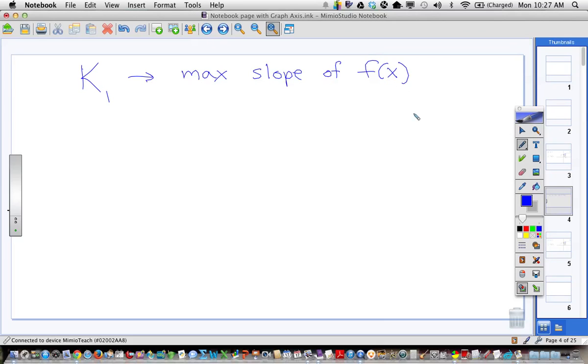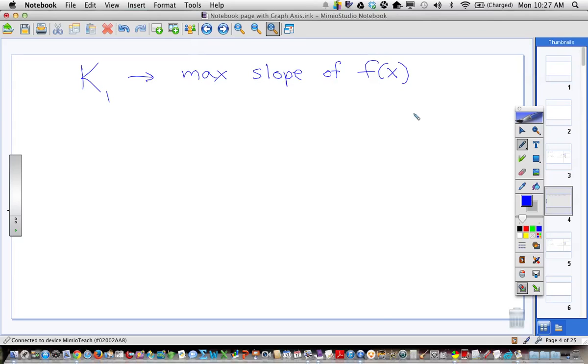Now, let's think about this now. We got to think about the word max. What if the graph goes up and down? So it's got some positive and some negative slope. What's worse for error? If it goes up steeply or down steeply? It doesn't matter, right? It doesn't matter if the graph goes up steeply or down steeply.